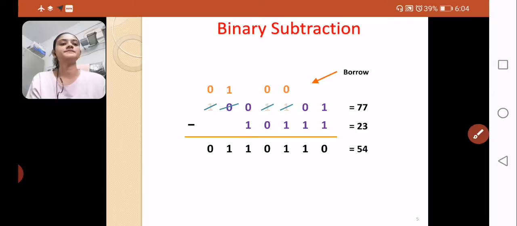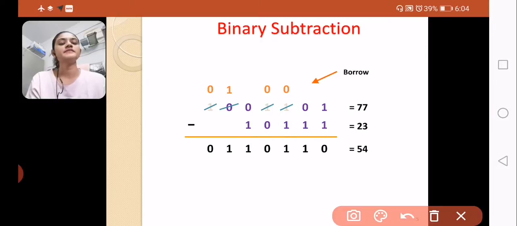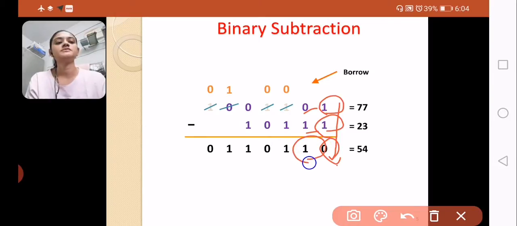So let us start. Starting from the left side, first bits 1 and 1. So 1 minus 1 gives 0. Okay. Next 0 minus 1. So remember that table, 0 minus 1 will give difference 1 and borrow 1.